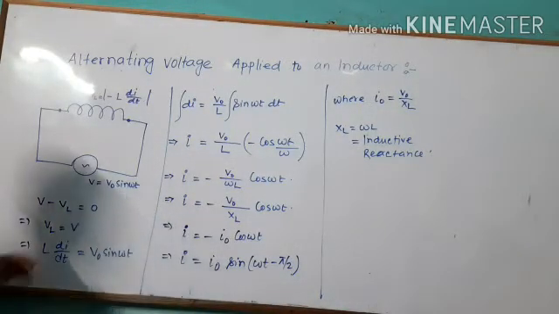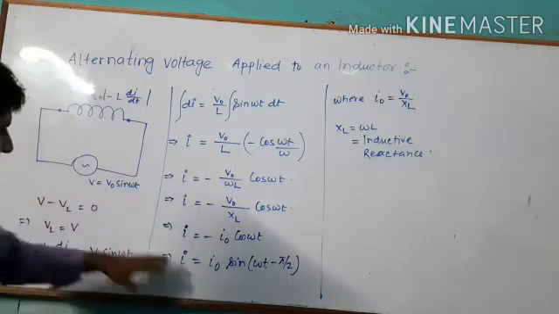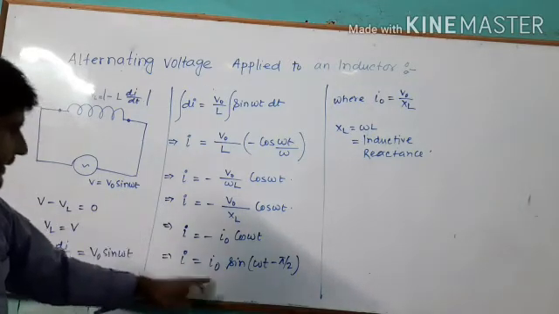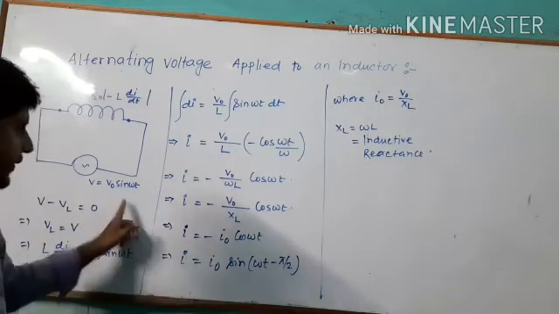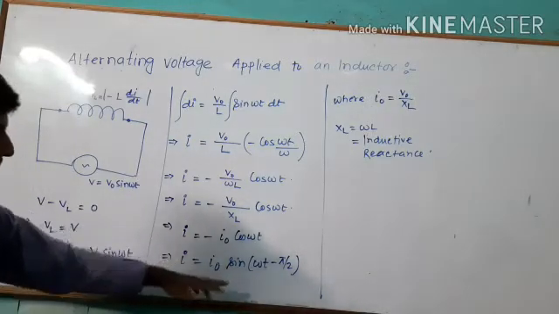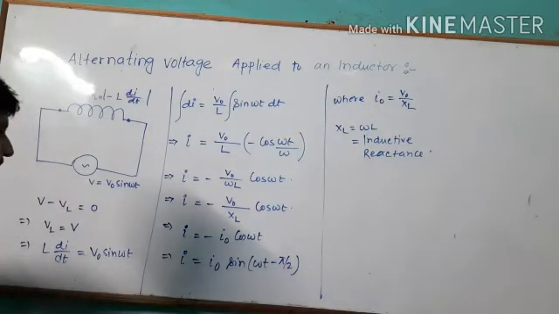So from this it is very clear that the voltage and the current are not in phase, and the phase difference between these two is 90 degree, and this current always lags behind this voltage by angle pi by 2.